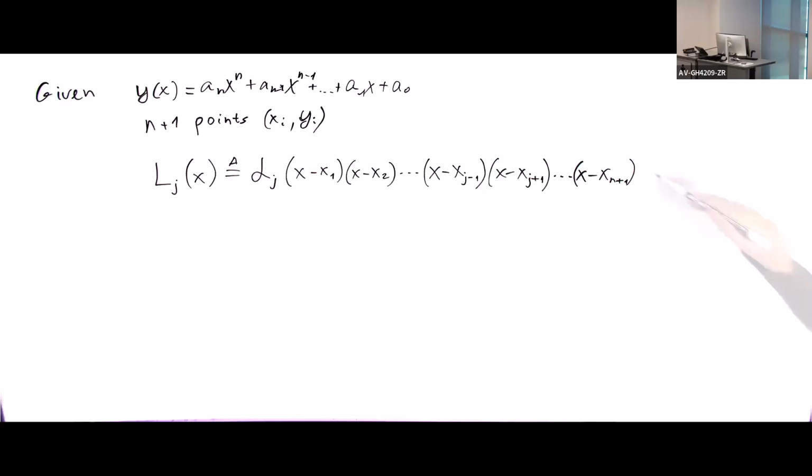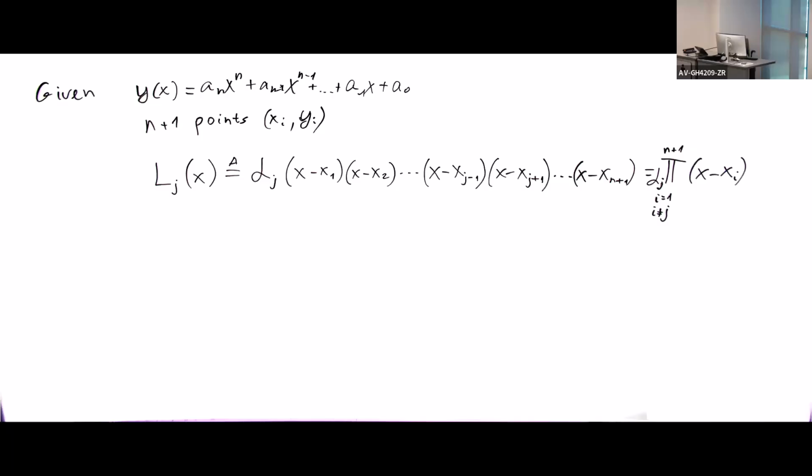So you can write that also as alpha j, actually, not alpha i, times the product where i equals 1 and i not equal to j, up to n plus 1, of x minus xi.